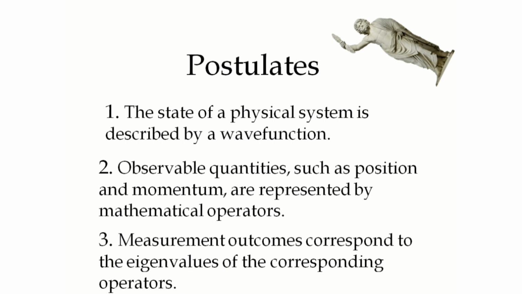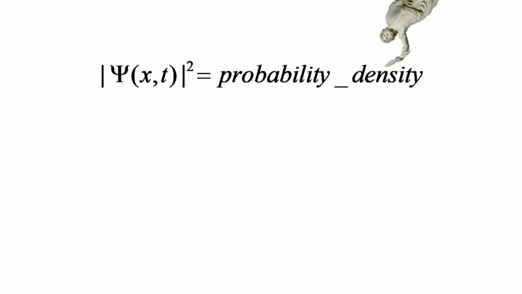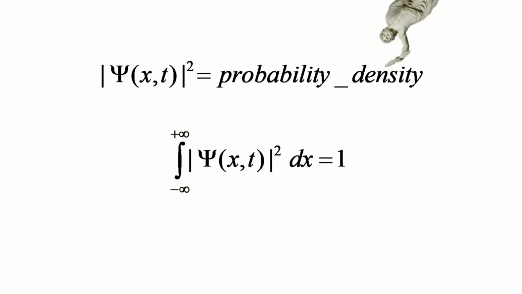We represent wave function with letter psi, and we can find the probability density of a particle by squaring the modulus of wave function. Our wave function can be a complex wave function, so we are taking the modulus and then squaring it, which can also be written as taking the complex conjugate and then multiplying with that function.